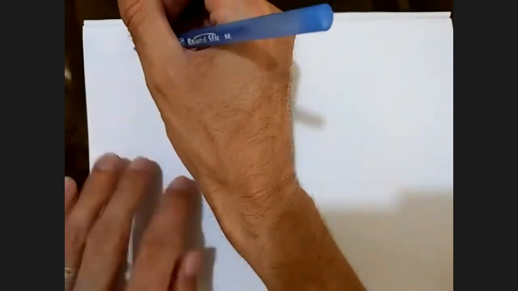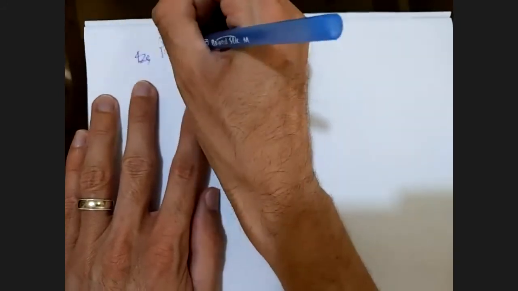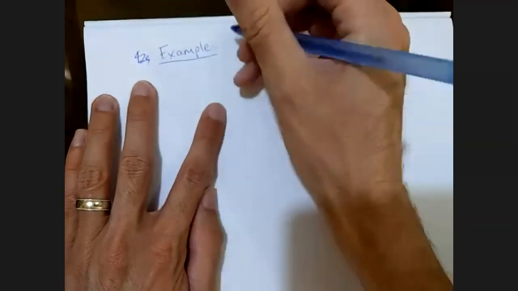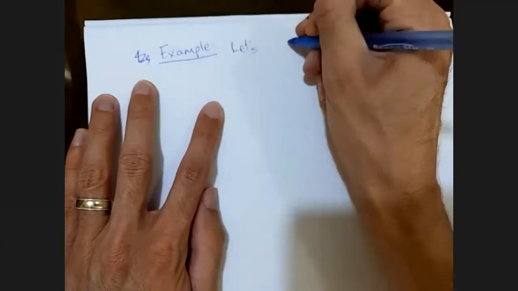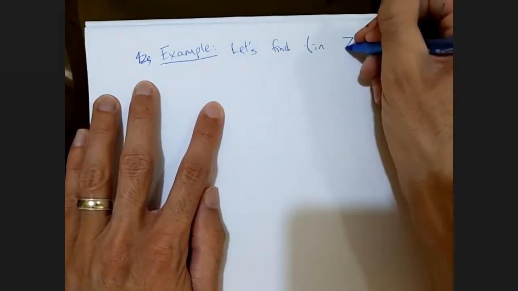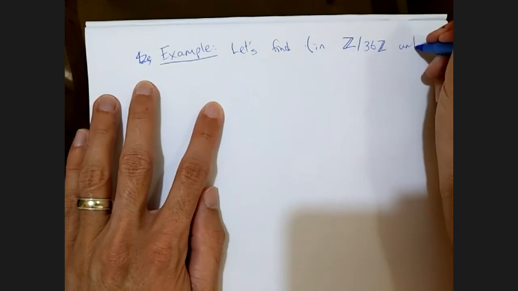So another example. Now we're working in Z mod 36Z under addition.